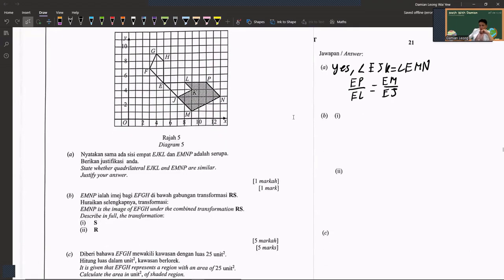Then describe in full the transformation. EMNP is the image of EFGH under combined transformation RS, means S first and then R. So S is from this to this. If I rotate, it will be a different orientation. So from the orientation, it's a reflection.